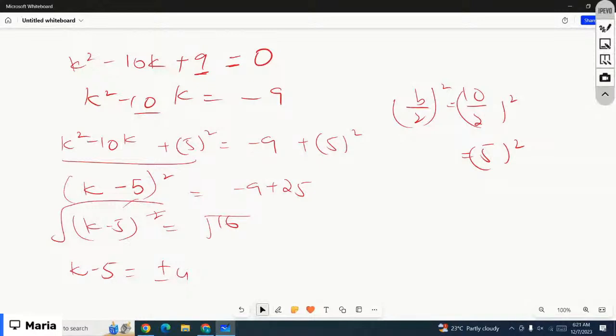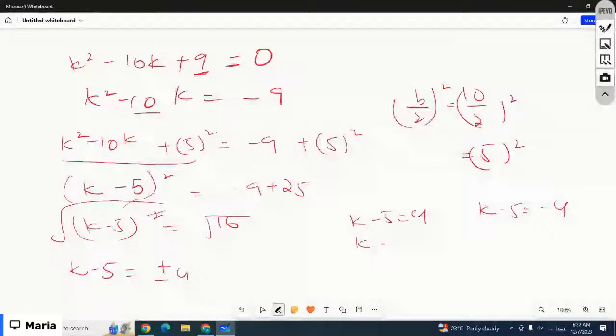So let's just evaluate. k minus 5 equals 4 and k minus 5 equals negative 4.